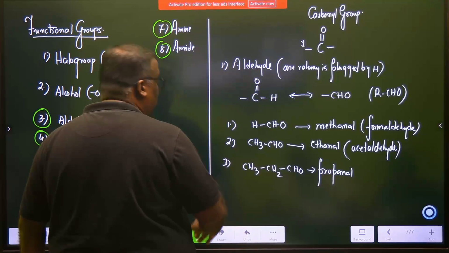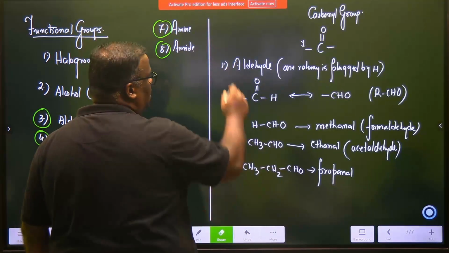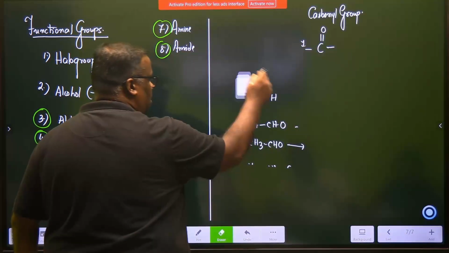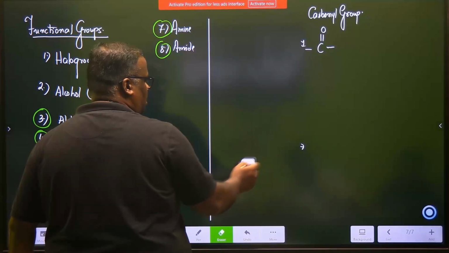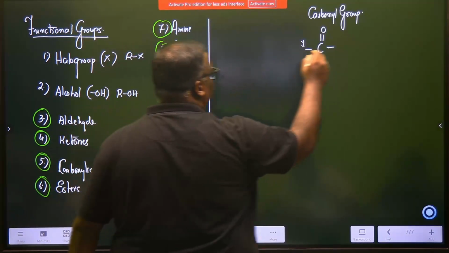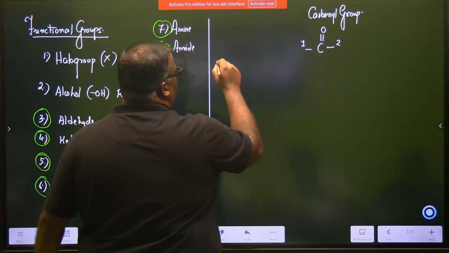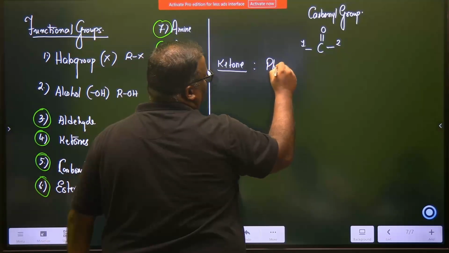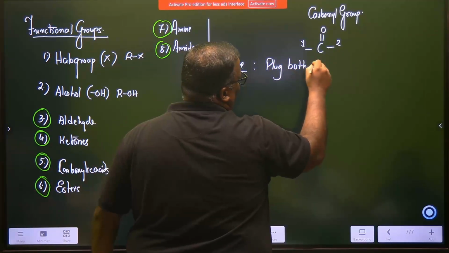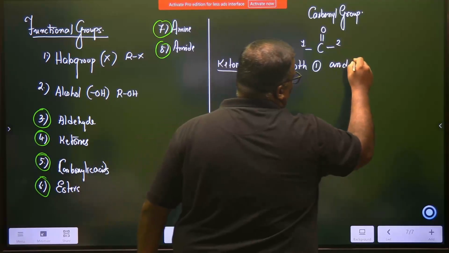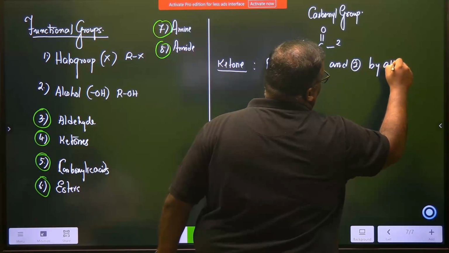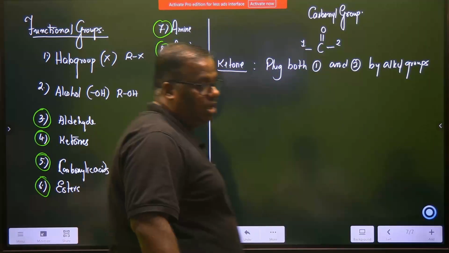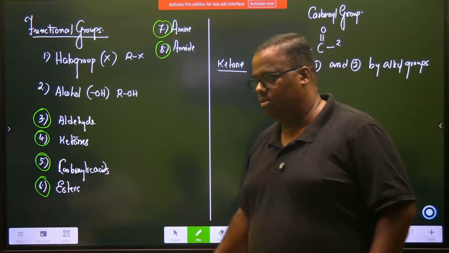Ketone. So I will keep on repeating this part, that makes the understanding go easy. So let's understand ketones. In ketone, what we do is plug both 1 and 2 by alkyl groups.